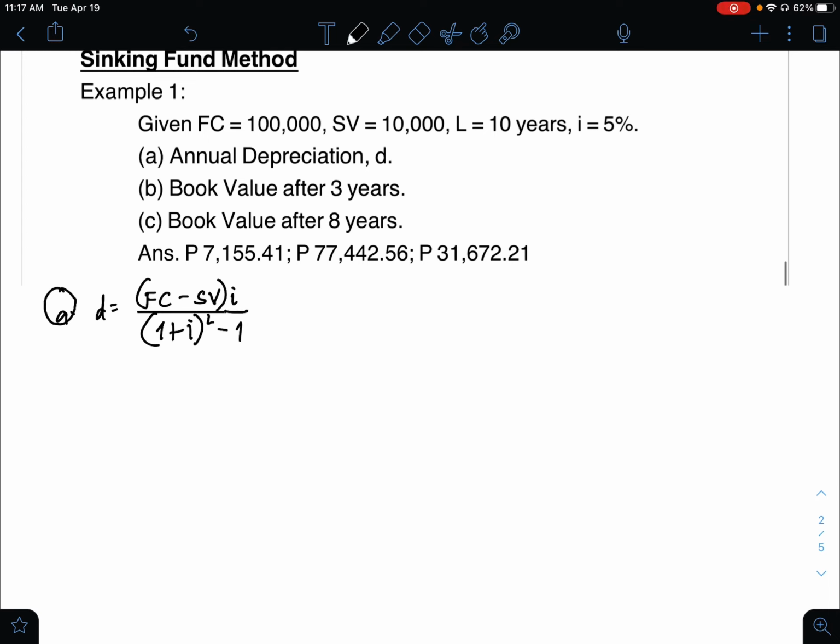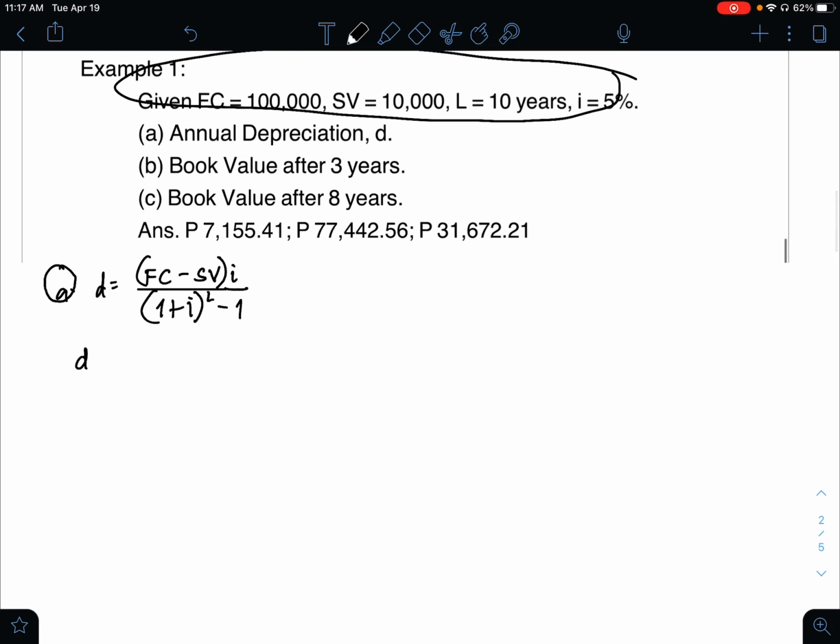Here are the given: FC is 100,000 minus salvage value, which is 10,000. The rate is 5%, so that would be 0.05, all over 1 plus 0.05 raised to the power of L, in which L is 10 years, minus 1.